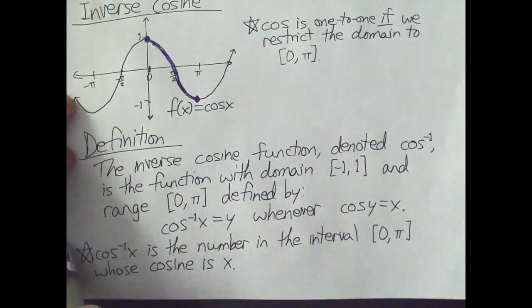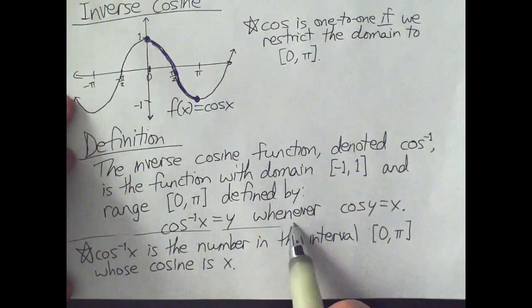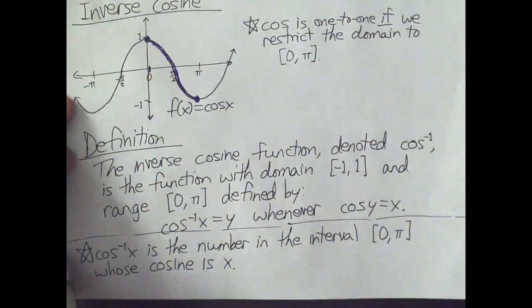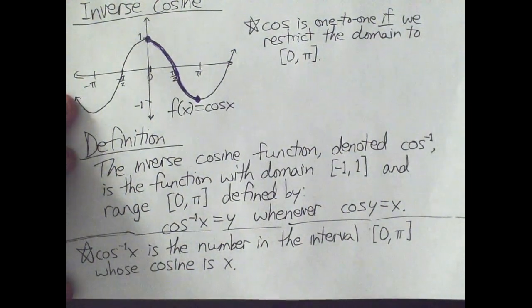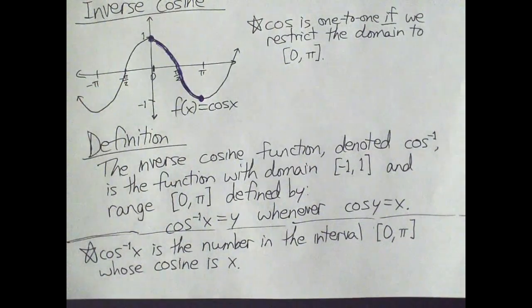All right, let me section that off a little bit just so it's easier to see. There's the definition, and then there's my little remark at the bottom. I'll give you a chance just to see all of that, and then we're going to do an example problem.